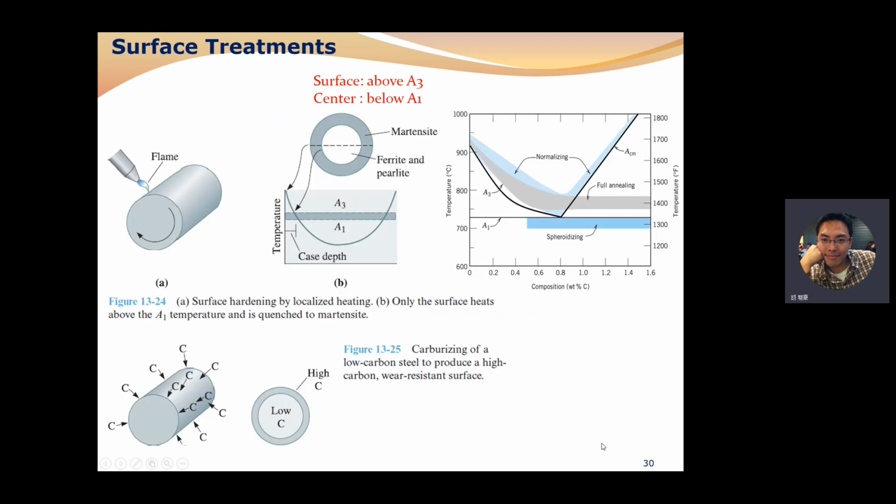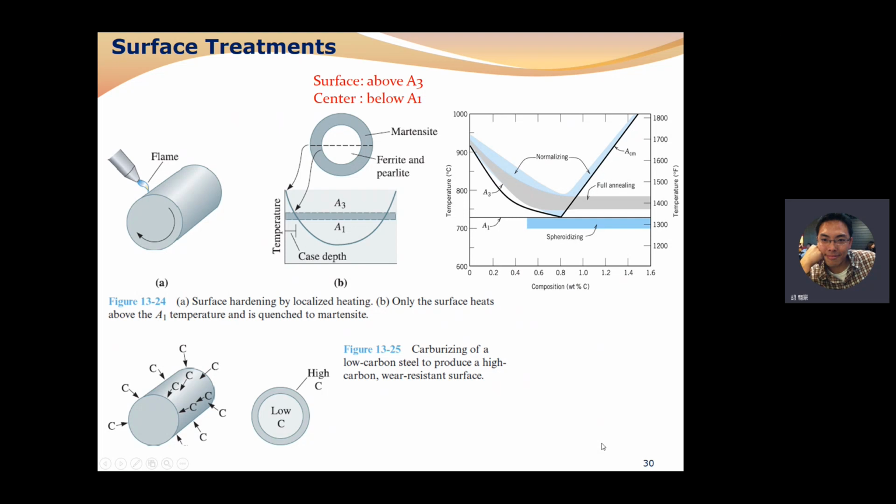Okay, so let's look at this. This shows the surface treatment. For example, we have a rod or we have a shaft. For a shaft, we need a very hard surface to improve its anti-wear capability, right?